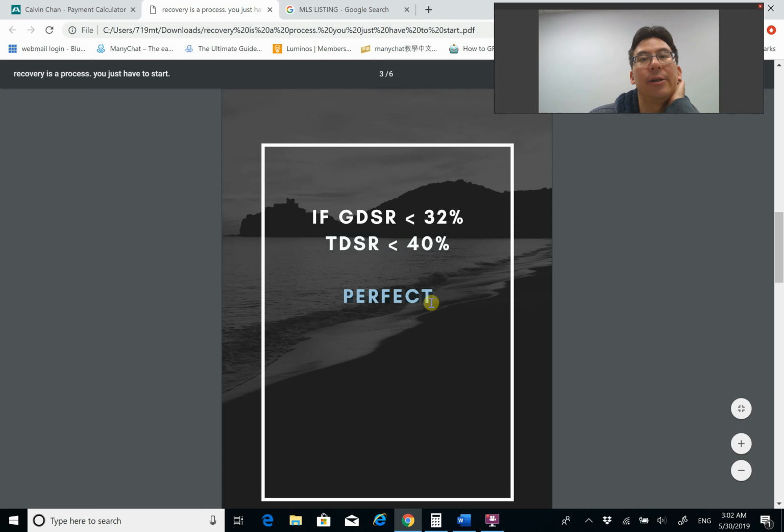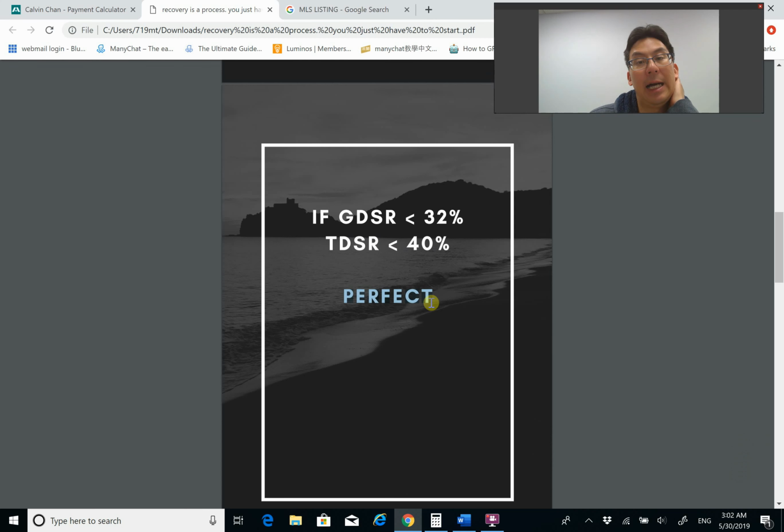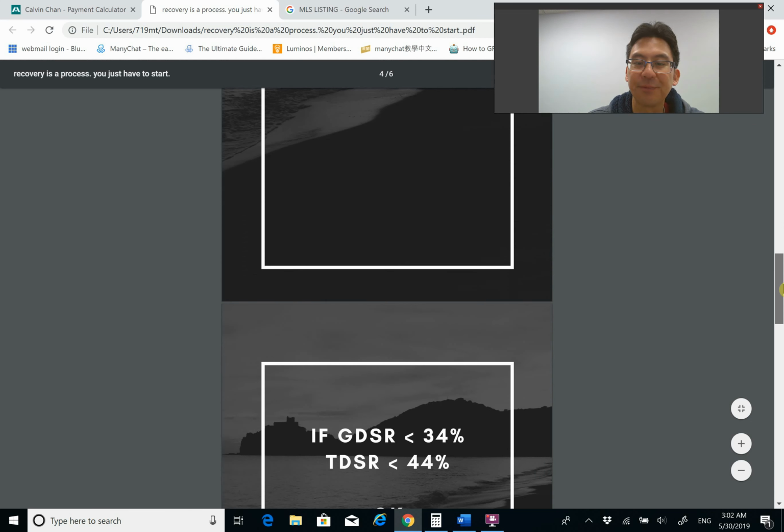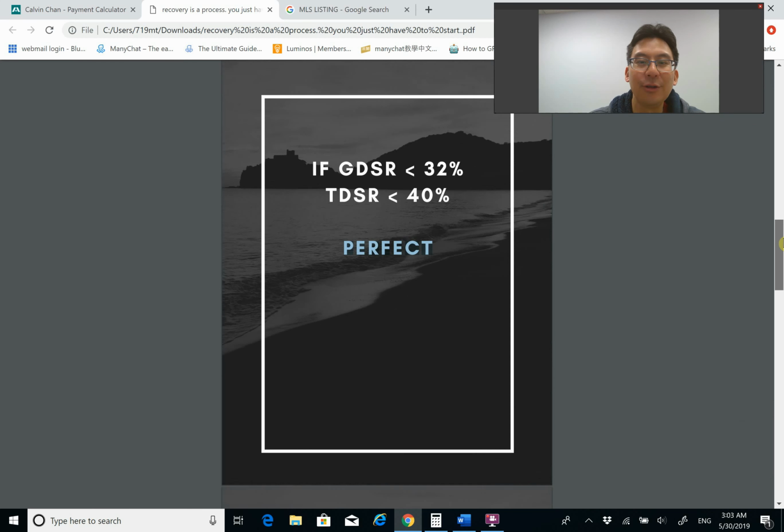This is basically the industry guideline. If your GDS is less than 32 and TDS is less than 40, you can basically go ahead and take a look at putting in an offer and buying the house without even calling your mortgage broker, because this is perfect. Unless you do your math incorrectly.